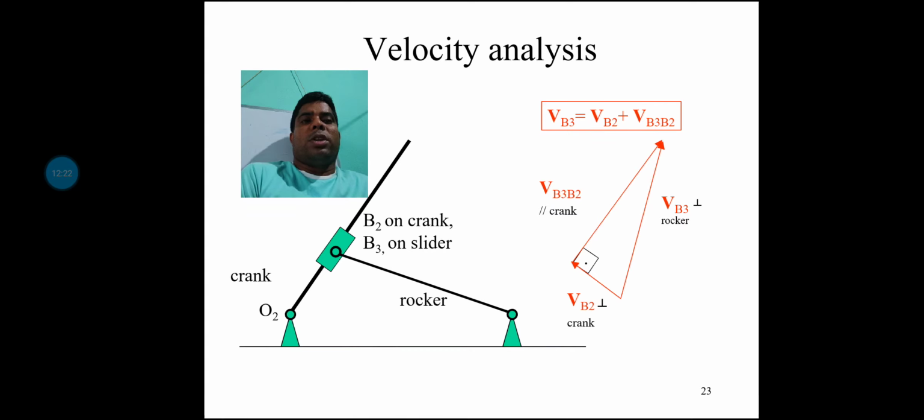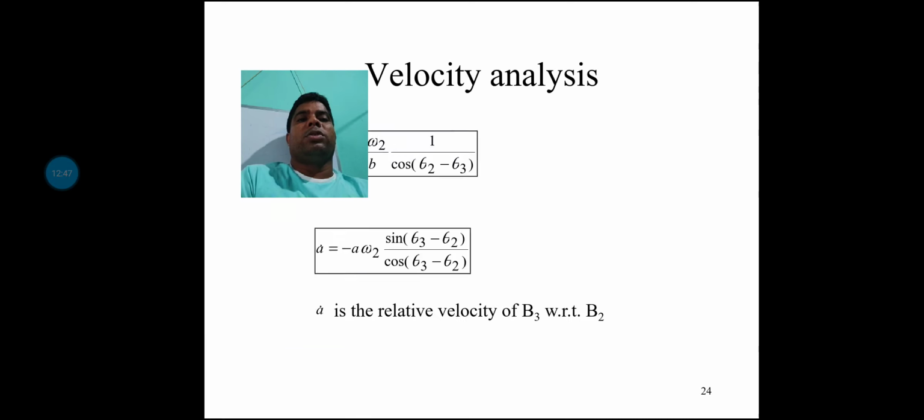So v3 is equal to v2 plus v3 relative to v2. So that is the basis of velocity analysis, before we move to the acceleration analysis final equations.